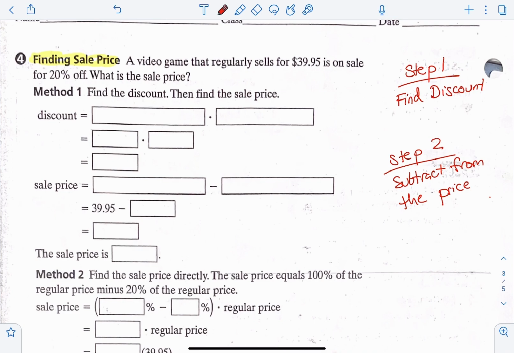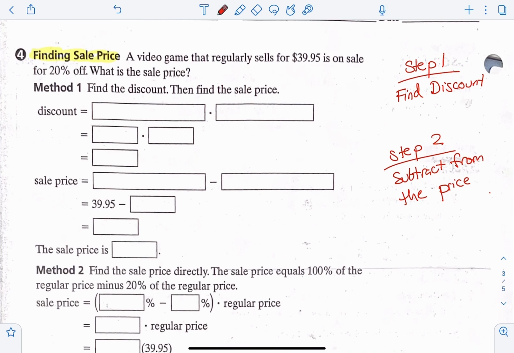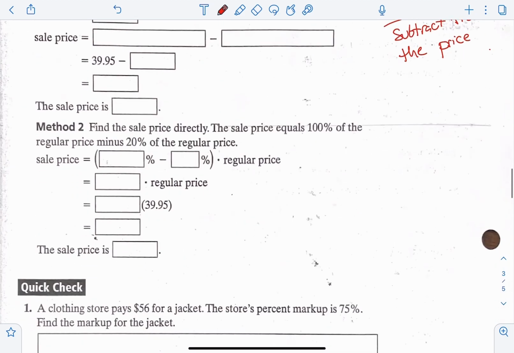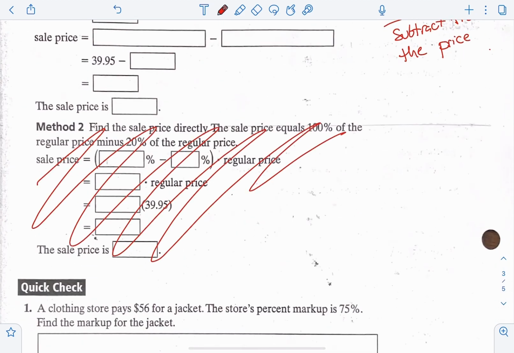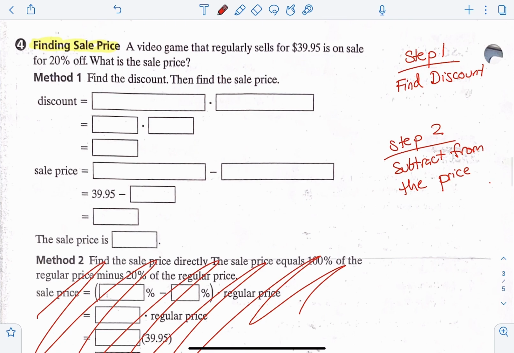So those are the 2 steps. We're not going to do method 2, so we're just going to do method 1 here. Okay, so discount, that's the first part, is the percent discount times the regular price.